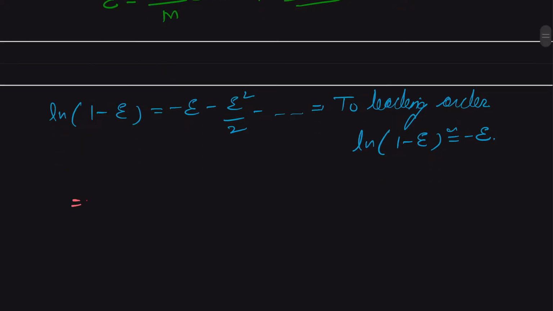Therefore (1 minus epsilon) whole raised to the power n is equal to e raised to the power n natural log of 1 minus epsilon, and this gives us e raised to the power minus n times epsilon.